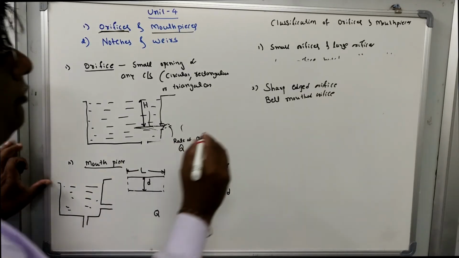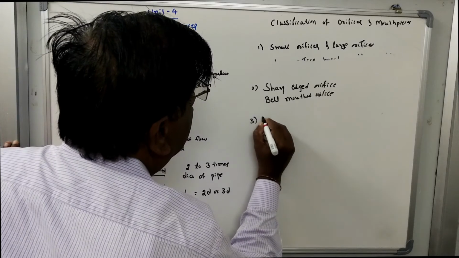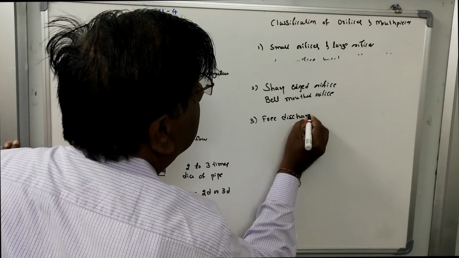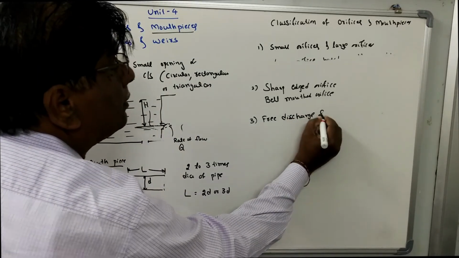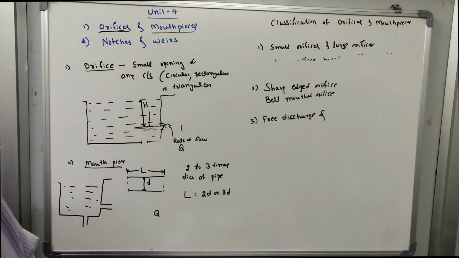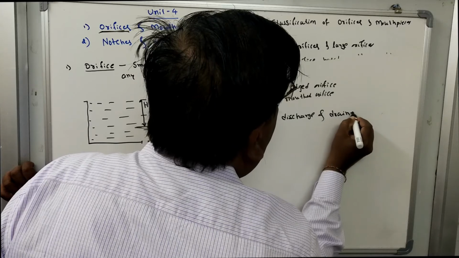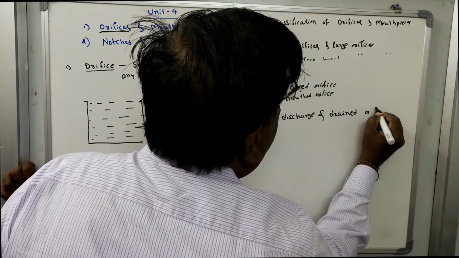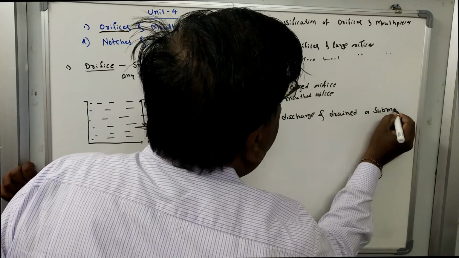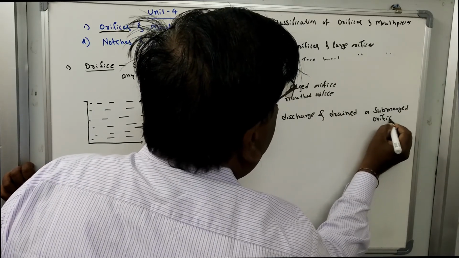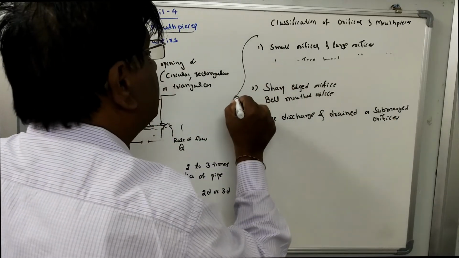Then also a third type, free discharge and drained or submerged orifices. Okay, these are the classifications.